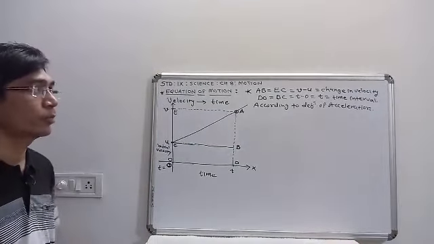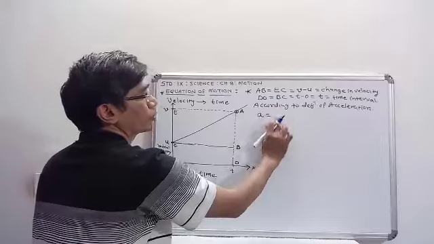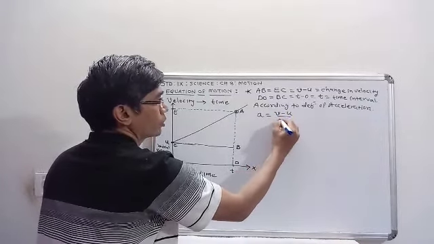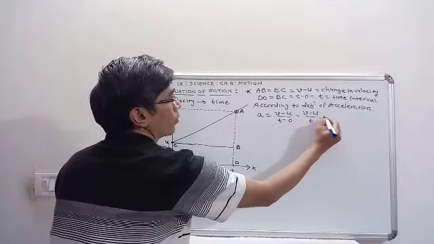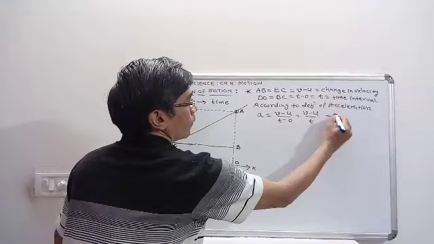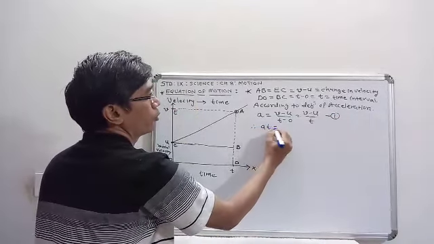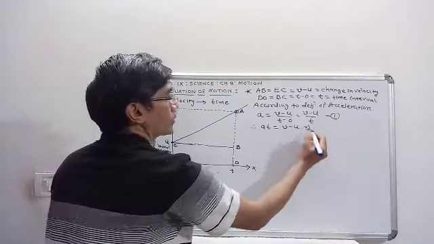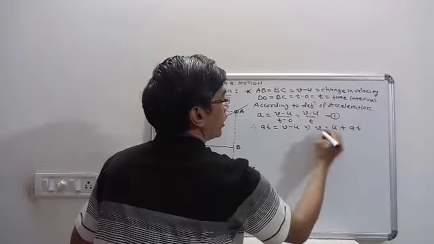According to the definition, a is given by the change of velocity upon the time interval, v minus u upon t minus 0, that is, v minus u upon t. From this we get a into t is equal to v minus u, and from this we can write v is equal to u plus at.